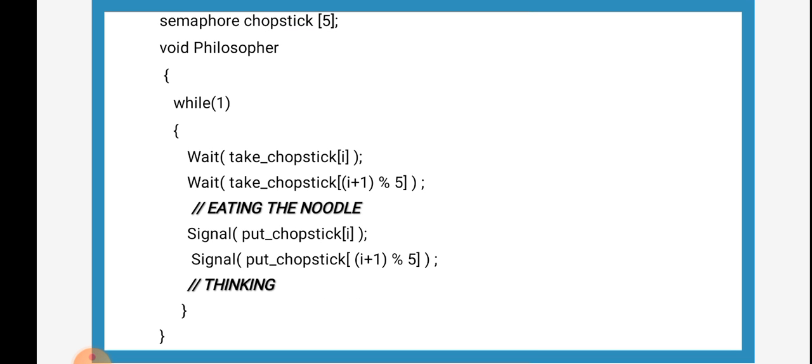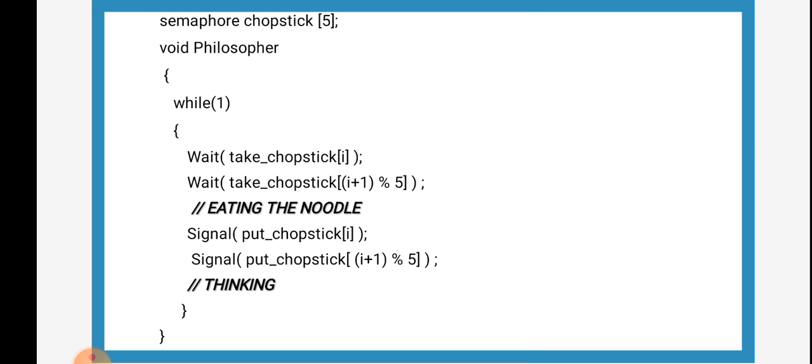We already know how the wait operation and signal operation work. Initially the elements of the chopsticks are initialized to 1, because the chopsticks are on the table and not picked up by any philosopher.